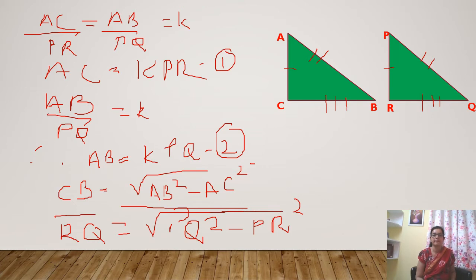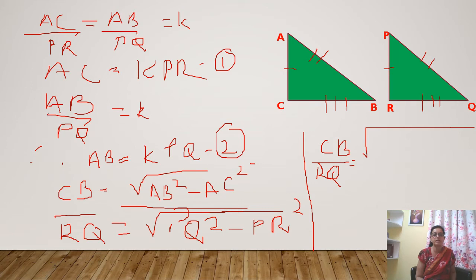This way. Now again, let us write CB upon RQ. But now we will replace AB squared.